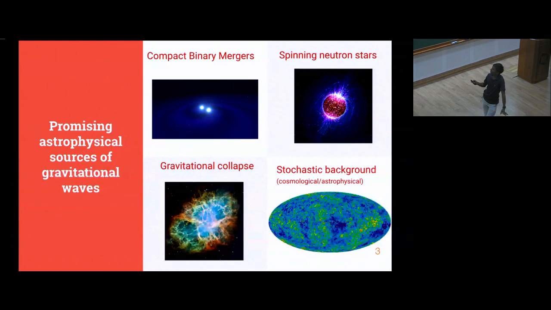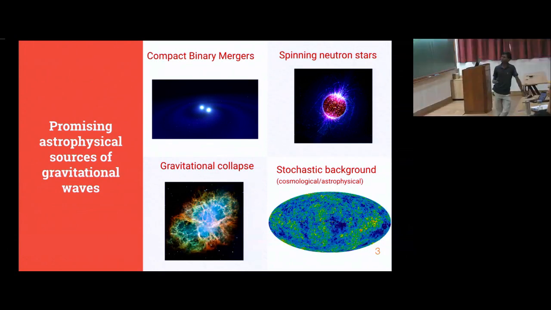Another type of source is spinning neutron stars, which will produce a continuous gravitational signal. The third type is burst signals, expected from gravitational collapses like supernova explosions. And the fourth type is the stochastic background signal. The origin of such a signal can be either cosmological or astrophysical. Cosmological in the sense that it could originate from the early universe.